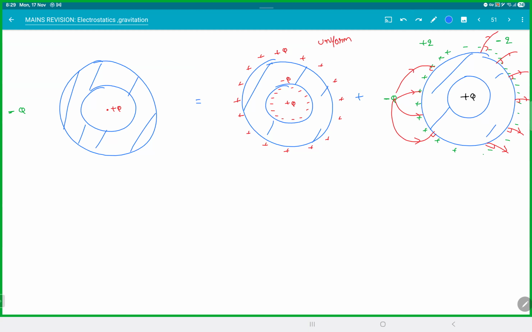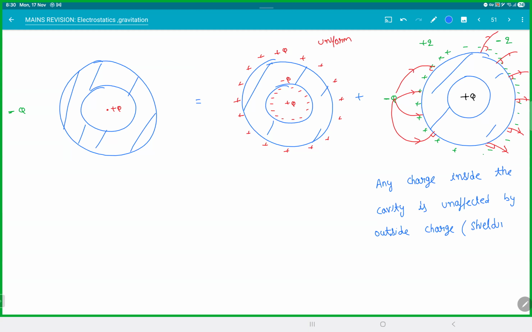You're getting it? So any charge inside the cavity is unaffected by the outside charges. Now be careful here.